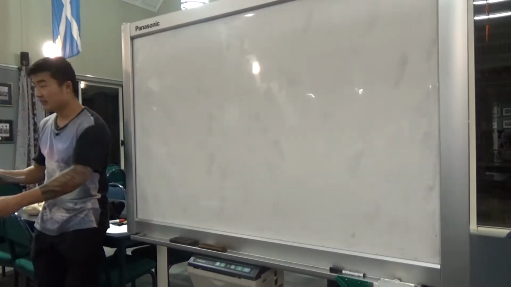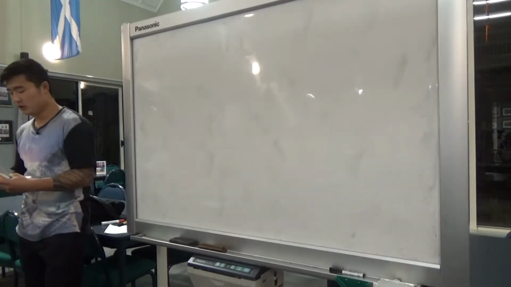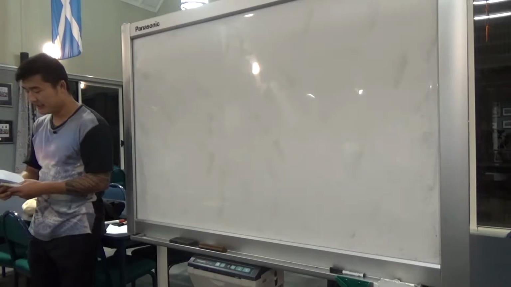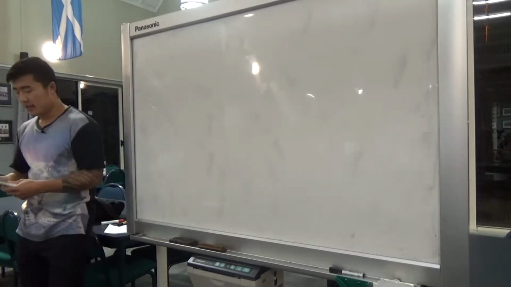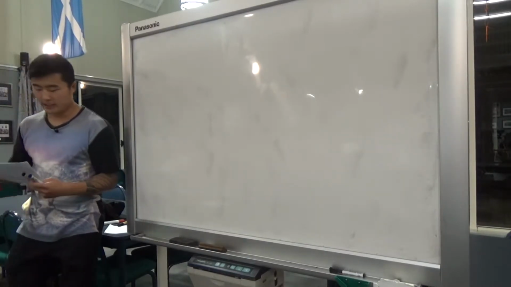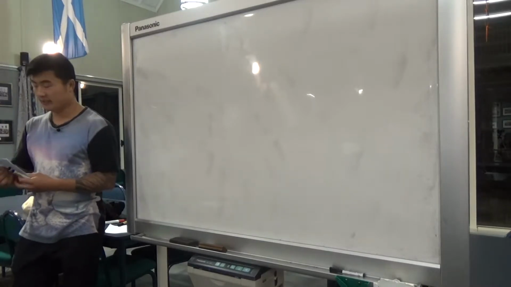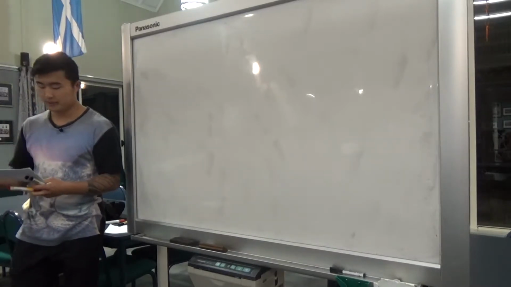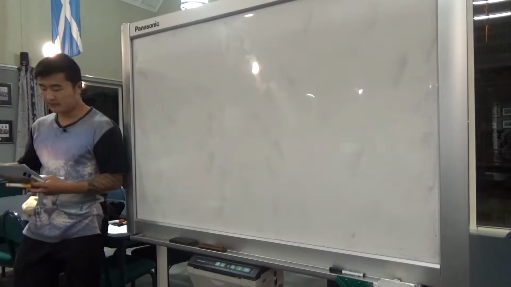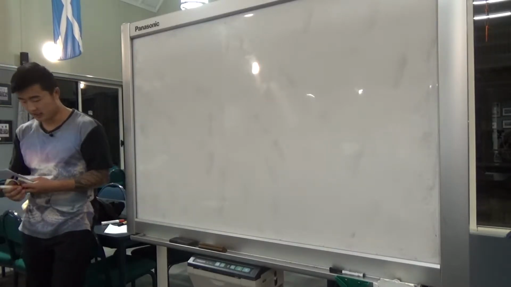Number 2, the acceleration due to gravity on the moon is 1.62 meters per second squared. A rock is launched vertically upward from the surface of the moon with an initial velocity of 6 meters per second. What's the maximum height that the rock will reach?